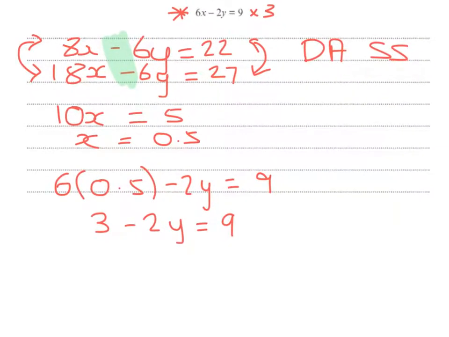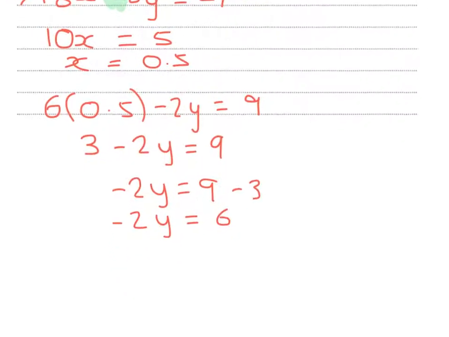I need the y on its own, so the first thing I need to do is get rid of the 3. So I've got minus 2y equals 9, take away the 3, so minus 2y would equal 6. I divide that by minus 2, so y would be minus 3.